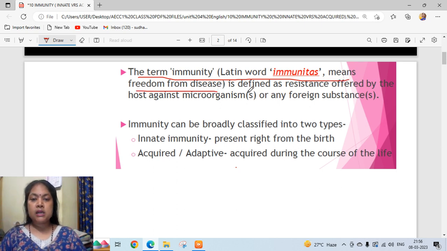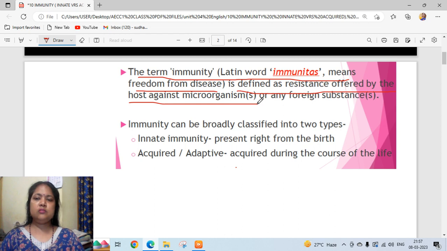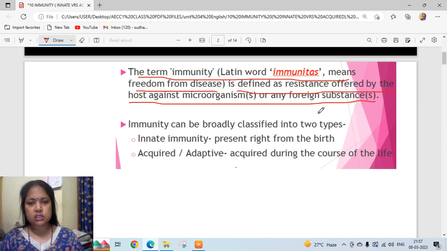Okay, and it is defined as resistance offered by the host against microorganisms or any foreign substances. As we know, we suffer from different types of disease for which the responsibility goes to microorganisms or foreign substances. So immunity can be broadly classified into 2 types.